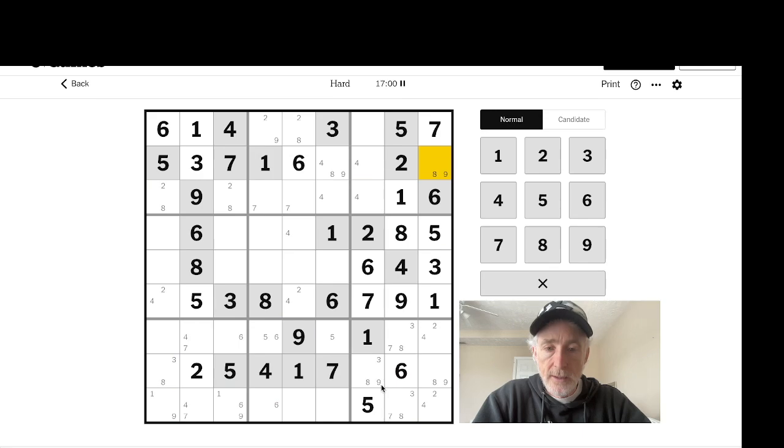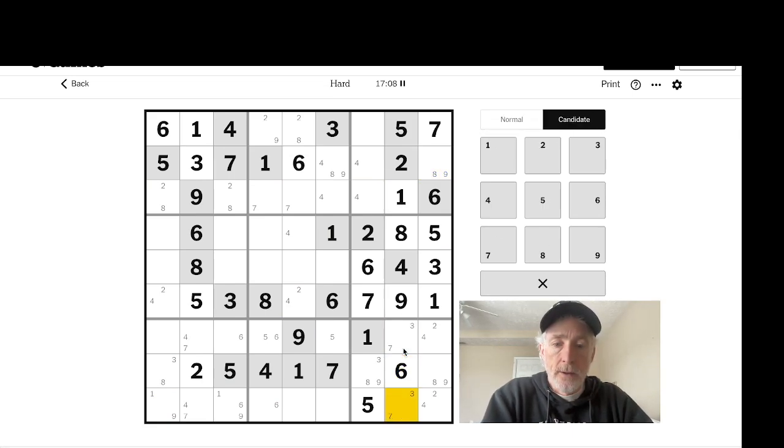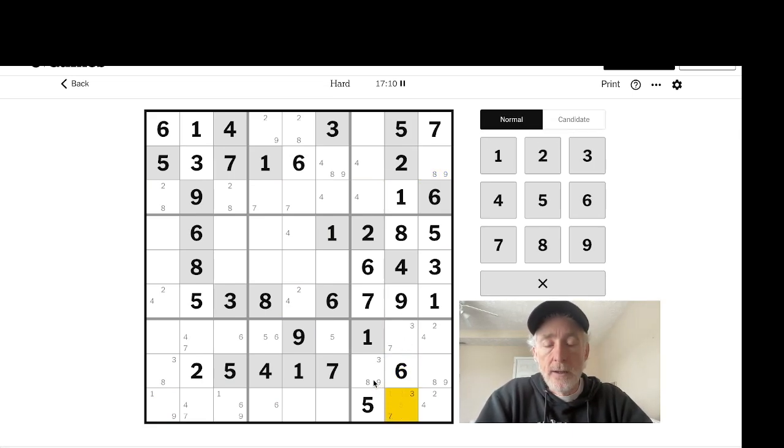So this should be a pair. It can't be an 8 anymore. Okay. So it's a 3, 7. That means that this can't be a 3. It also, well, it has to be an 8 or 9. That points over here. That makes this a 3. All right.